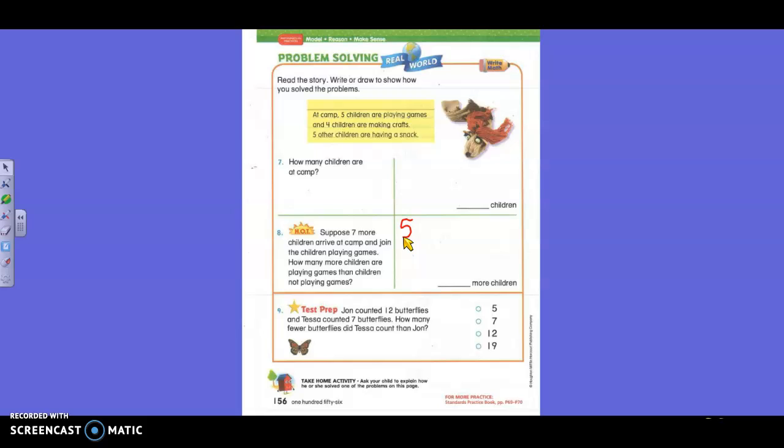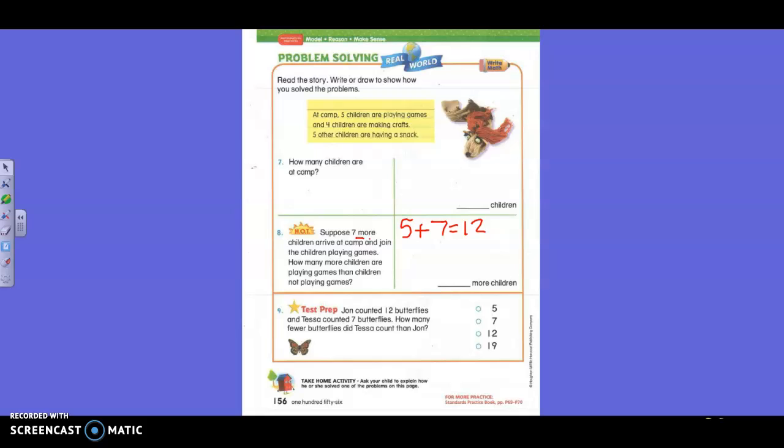It says 7 more children arrive. So what do we need to do? We need to add 7 more, because more are coming and playing games. So what is 5 plus 7? 12. Okay, that's the first step.